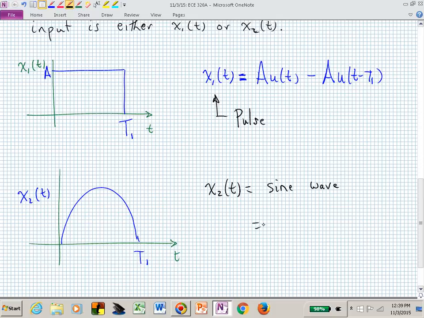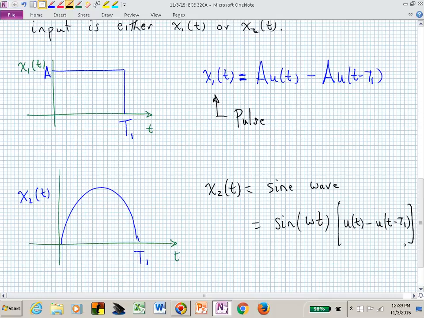So now I could say, oh, that's equal to sine omega t, but I know that it's only on for a given interval of time, which is now this windowing function that says, oh, you're only going to be 1 between 0 and time t sub 1.